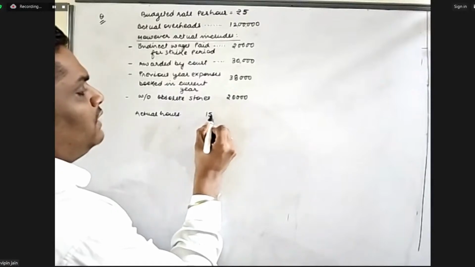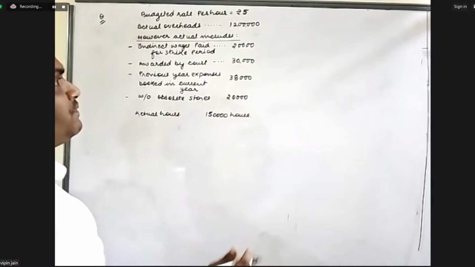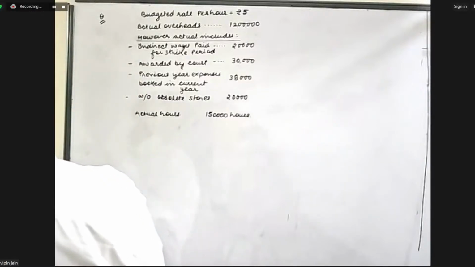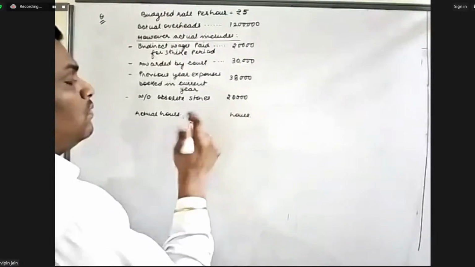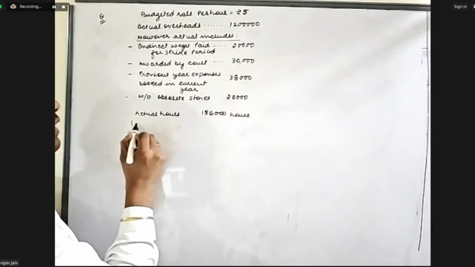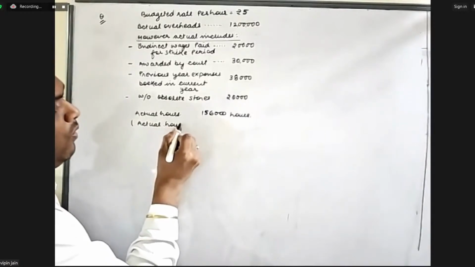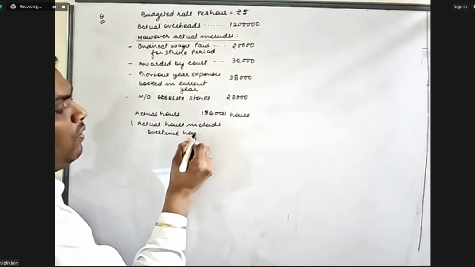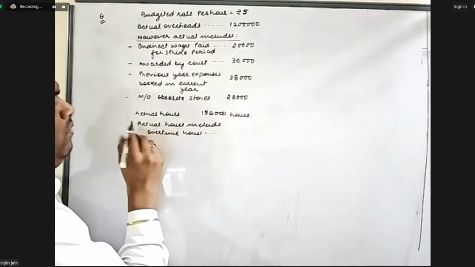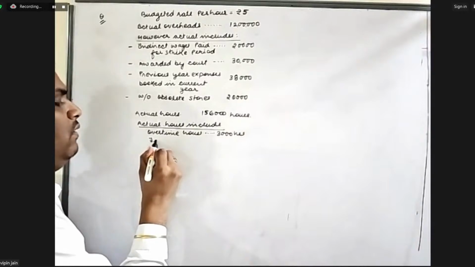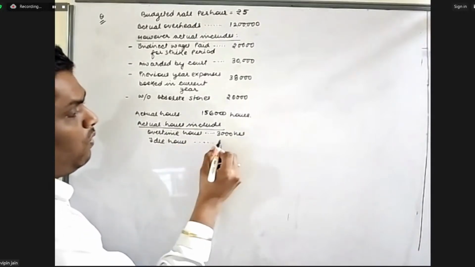Actual hours are 1,56,000 hours, of which actual hours include overtime hours, 3,000, and idle hours, 6,000.